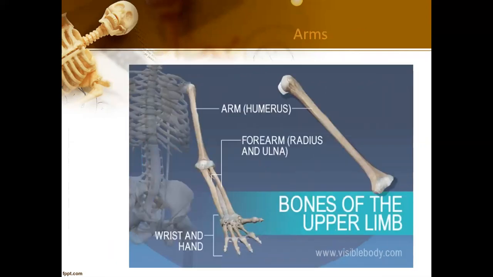The clavicle and the arms connect at a joint. The top of the arm is referred to as the humerus. The lower part of your arm is made up of 2 long bones, referred to as the radius and the ulna, which you can see in the diagram. And then you have the wrist and the hand.